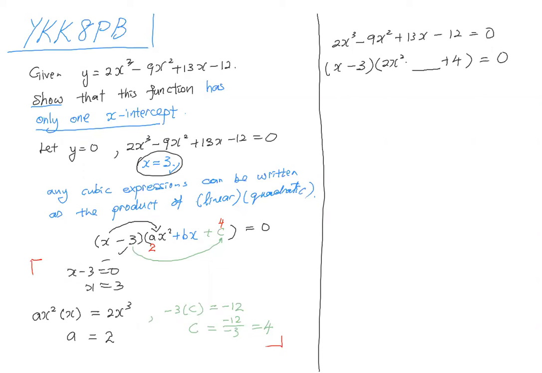So if I take -3 times bx and x times 4, so -3bx plus 4x must give me 13x. Am I right? So my -3b will be equal to -9. So my b will be equal to -3.